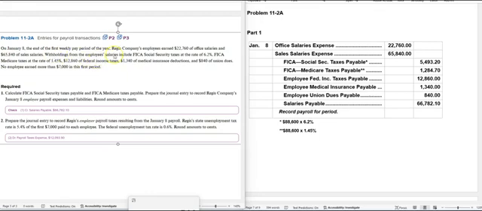Withholdings from the employees' salaries. These are amounts that the company withholds from what they actually pay to the employees. They withhold amounts from the employee pay for FICA, which includes Social Security and Medicare, 6.2% for Social Security and Medicare at 1.45%.